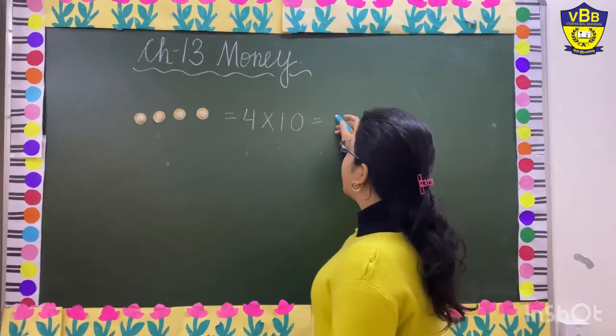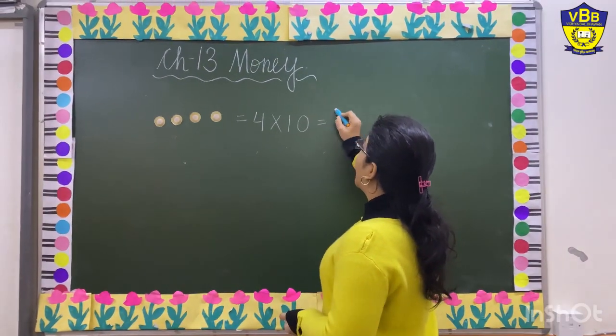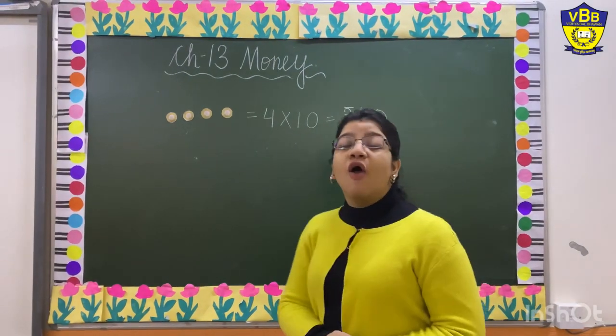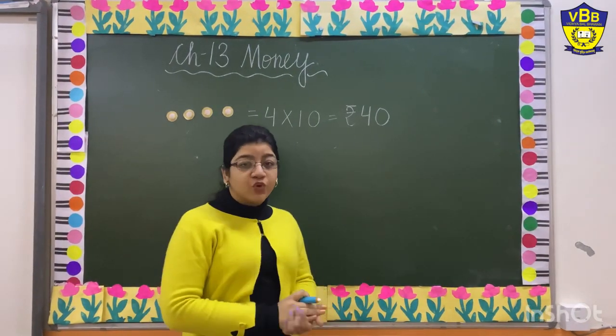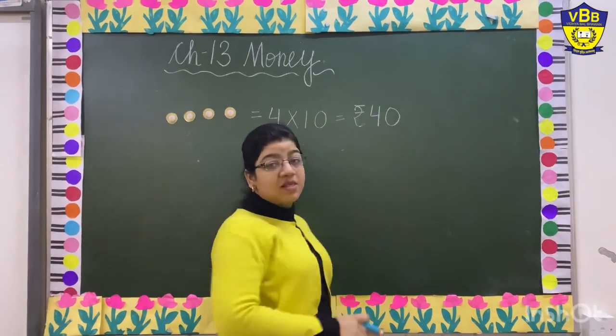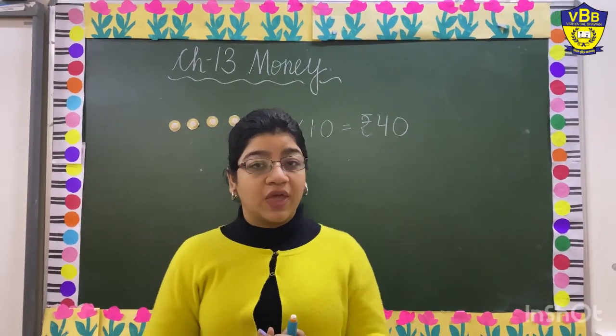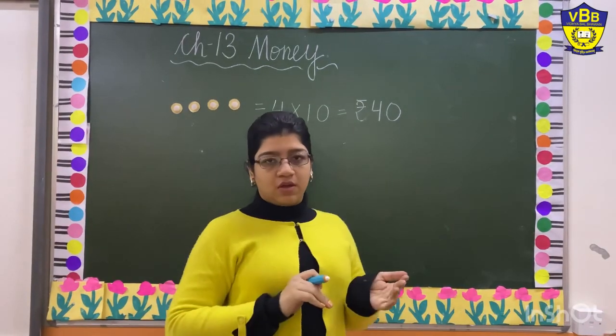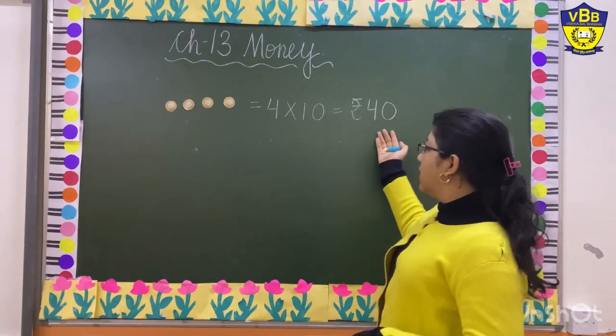Well done. 4 times 10 is rupees 40. You all have to make the sign of rupees in the money chapter. You all have to add the rupees symbol first, before writing the number.